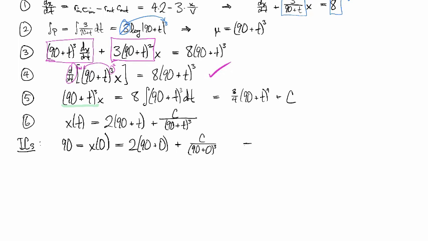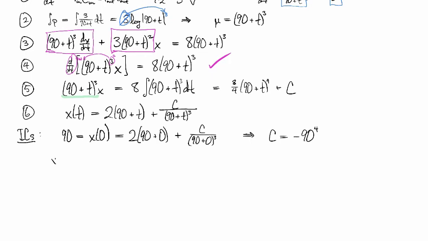Solving for that, I see that c is minus 90 to the 4th power. So my particular solution is x of t equals 2 times 90 plus t minus 90 to the 4th all over 90 plus t quantity cubed.